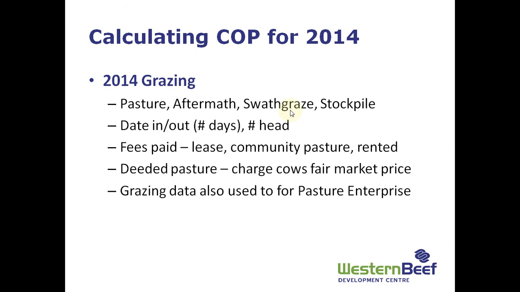Be able to report the actual fees paid when it's leased land grazing, community pasture, or rented pasture. And on your deeded pasture, you need to charge your cows a fair market price. This grazing information is also then used for your pasture enterprise when you're doing cost of production analysis for it. Here, the fees paid and the market price for the deeded pasture become the revenues realized to the pasture enterprise.